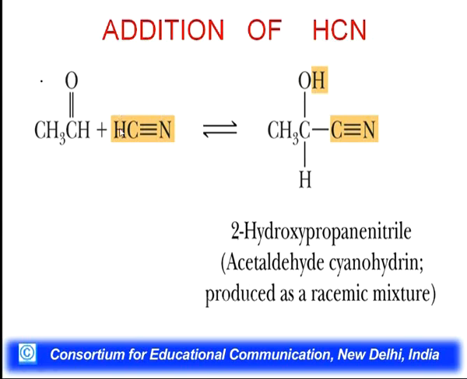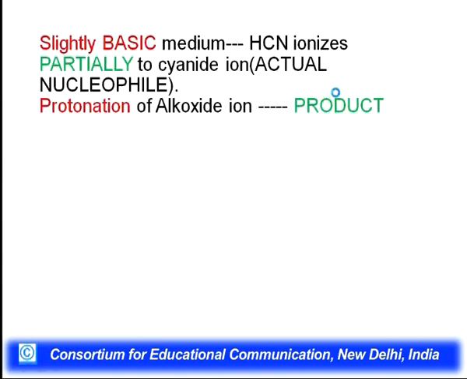So what happens in basic medium, this HCN ionizes to give us a CN minus ion, which acts as a nucleophile, and it goes and forms a bond with this carbon, resulting in a tetrahedral intermediate, which then reacts with a proton to give us this compound, which is 2-hydroxypropanenitrile.